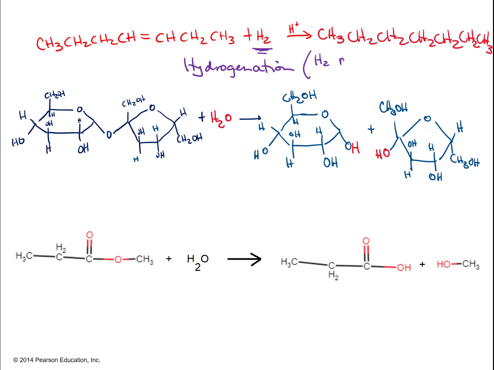So H2 is a reactant, and there's a double bond, and it gets converted to a single bond. That's hydrogenation. So that's like making Crisco. The oil on the left, solid on the right. If we completely hydrogenate it, it gets nice and solid.